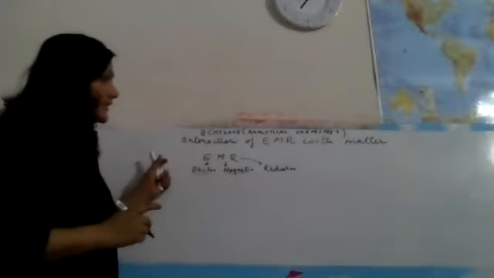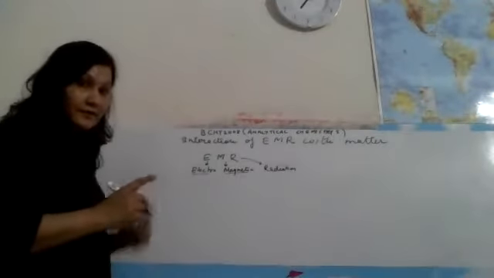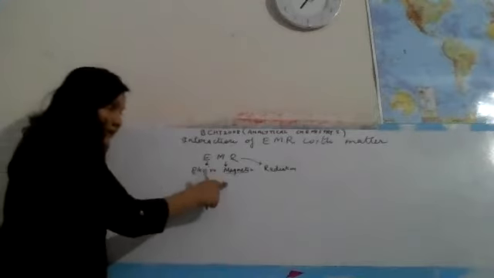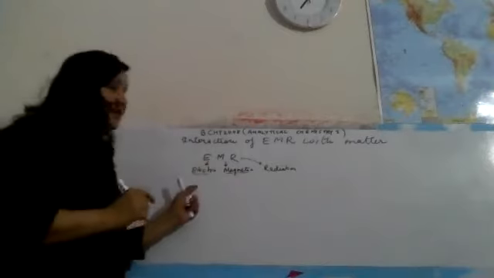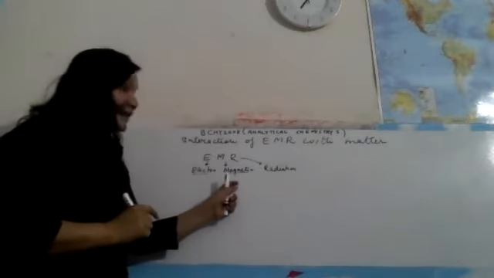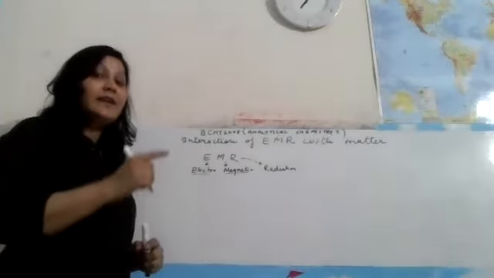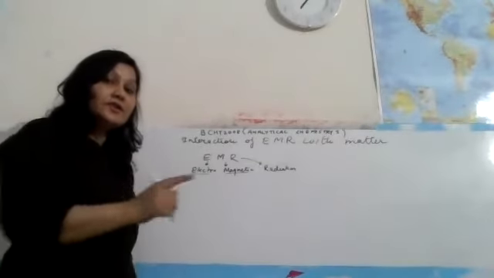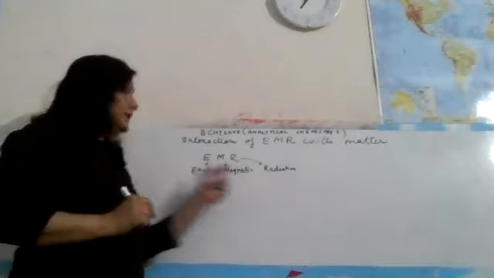So the electromagnetic radiation can be defined as the oscillating electric and magnetic field. First point, the electromagnetic radiation is oscillating electric and magnetic field which are perpendicular to each other and in the direction of propagation of energy. Clear? Radiation is propagation of energy.